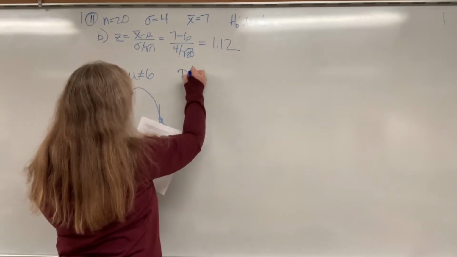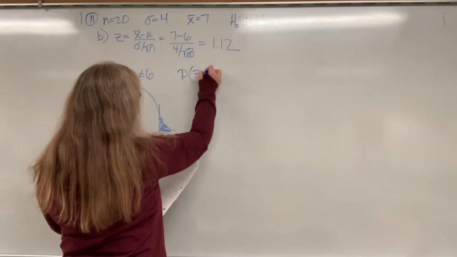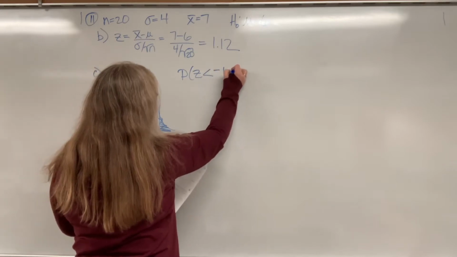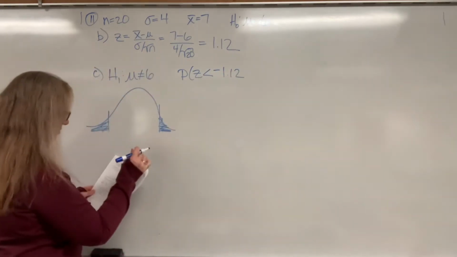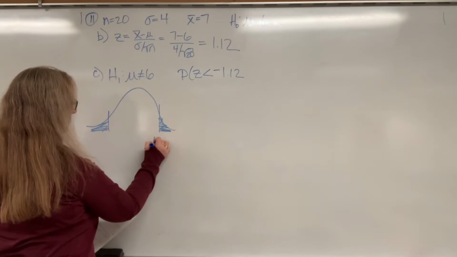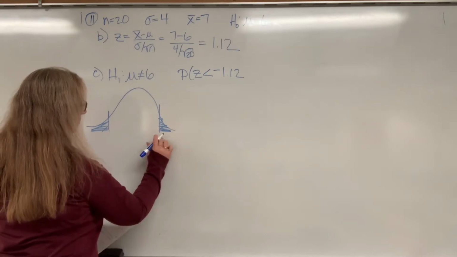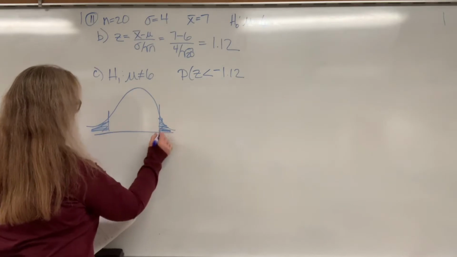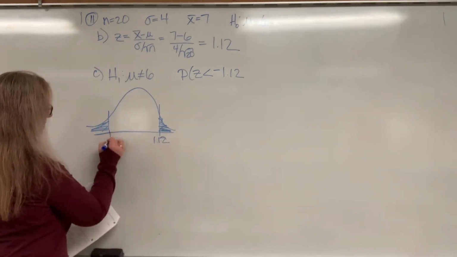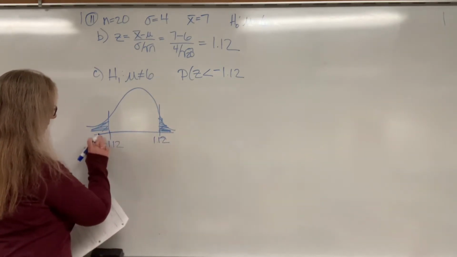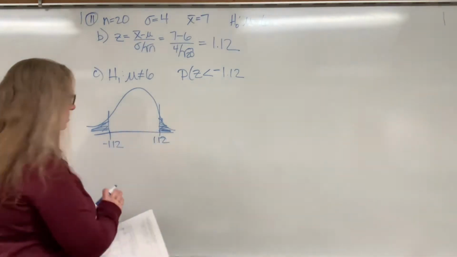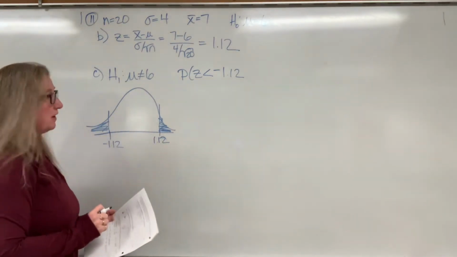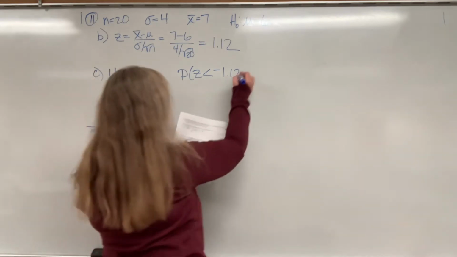So the probability that Z is less than negative 1.12. Now, how did I know to use the negative? Well, I could have done it a couple different ways. But if this Z value is 1.12, then this one is negative 1.12, right? And it's symmetrical, so I can just find the p-value from that side.